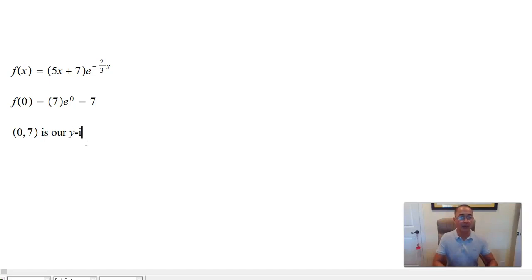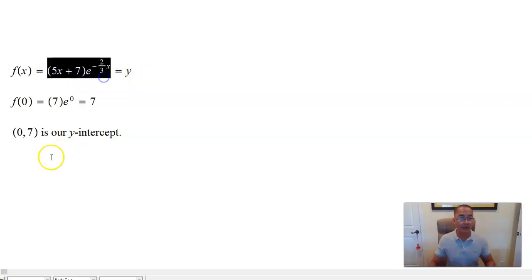Okay, now what about x-intercepts? Is there one? Is there more than one? Okay, so we want to know when is the y value, if this whole thing is equal to y, when is that y value equal to 0? Okay, well, we're multiplying two things. So we know that the product of two things is 0 exactly when at least one of the factors is equal to 0.